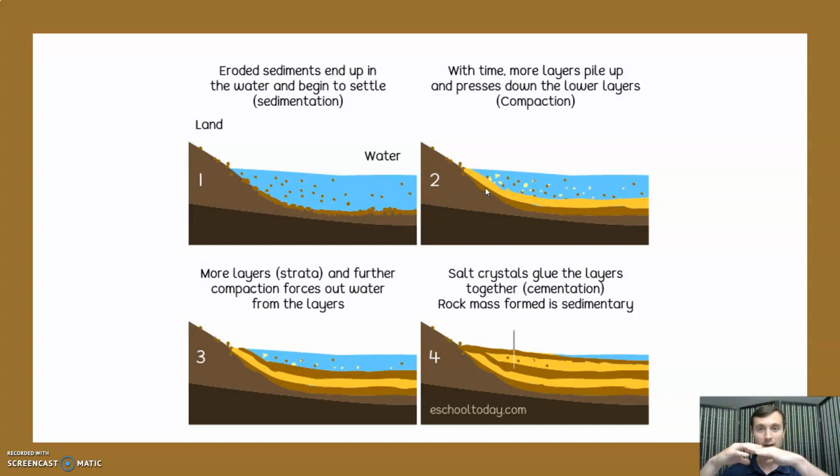And now the gravity of the layers on top squeezes the layers on bottom, presses down, and it actually squeezes all of the water out. And then for our last step, you might imagine salt crystals or glue, something else comes in, and it finally starts to hold all of these different little pieces of the mountain together, and what we have are these layers of sedimentary rock.